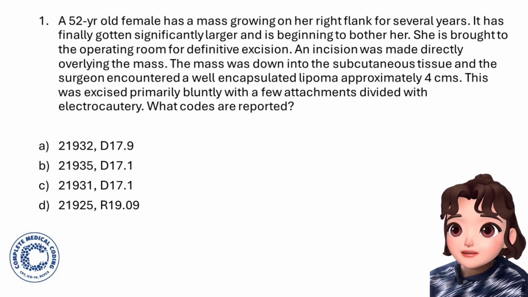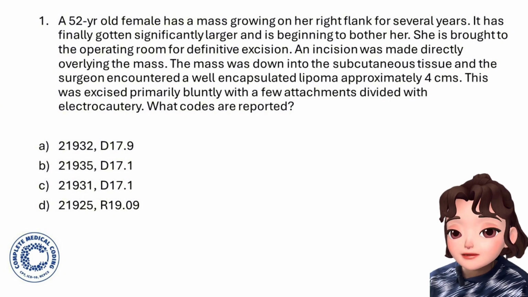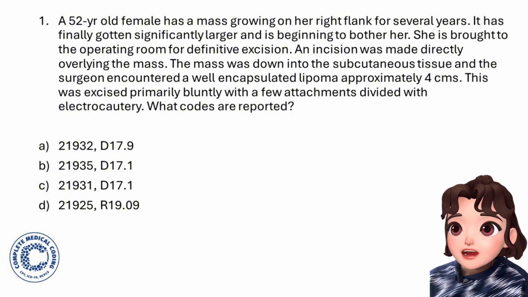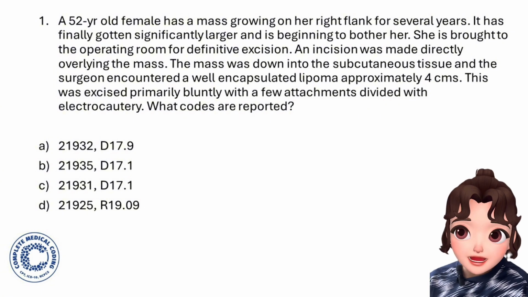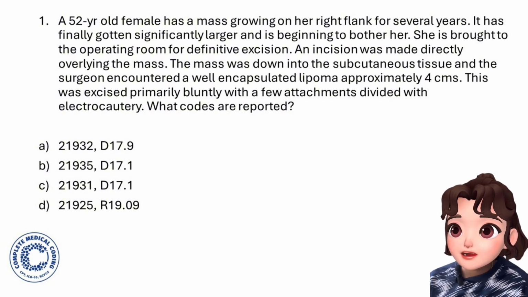A 52-year-old female has a mass growing on her right flank for several years. It has finally gotten significantly larger and is beginning to bother her. She is brought to the operating room for definitive excision. An incision was made directly overlying the mass.